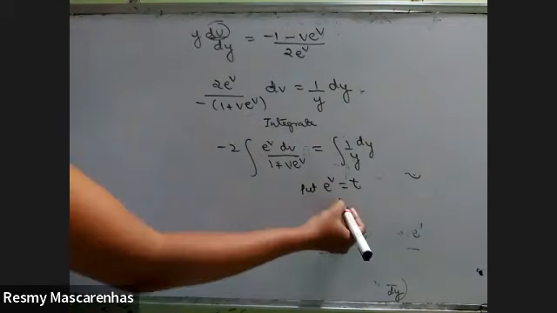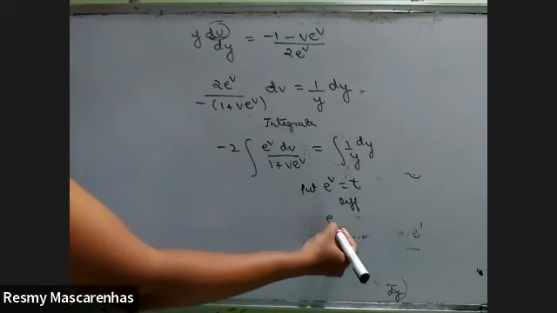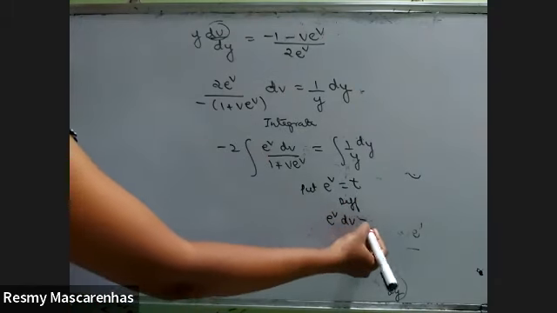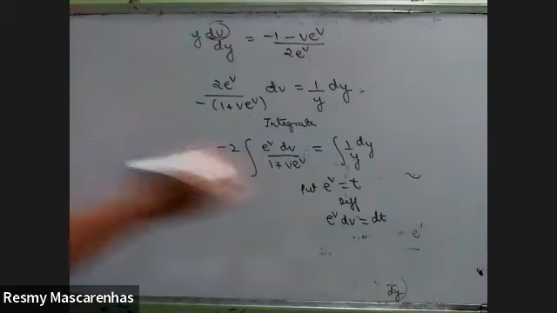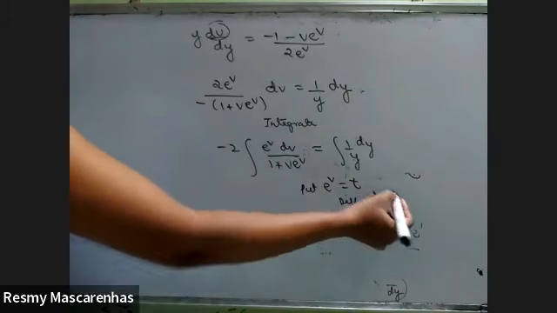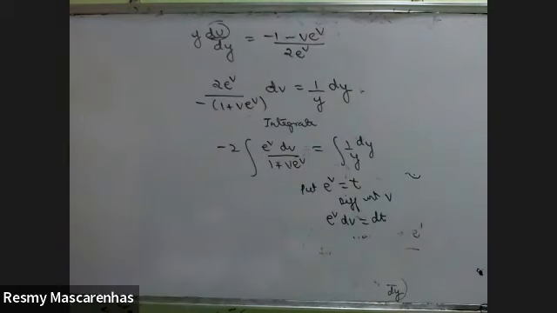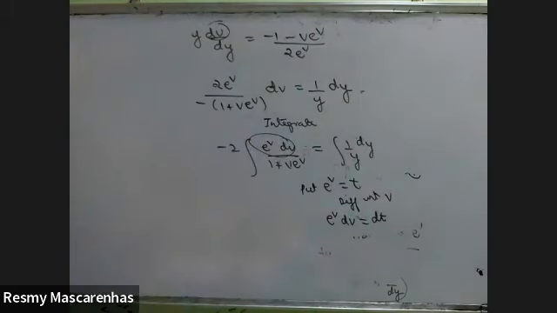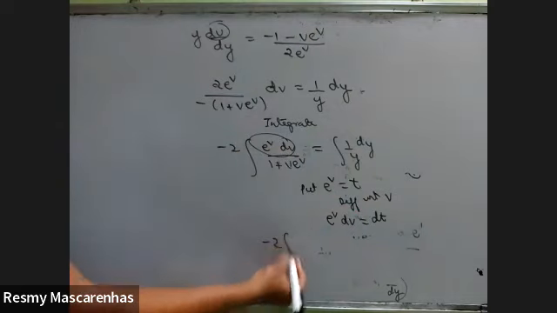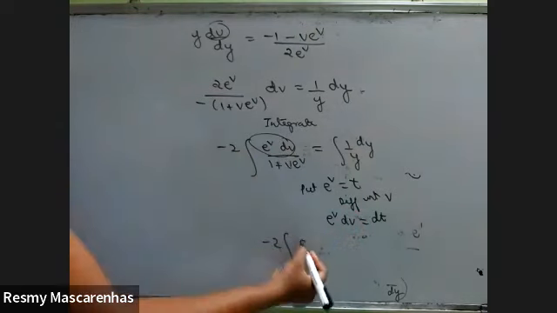When you differentiate, this will be e raised to v dv, this will be dt. With respect to v, we have to do. So now this whole thing is equal to dt. So when I write the integral back, this will be minus 2, this is equal to dt.